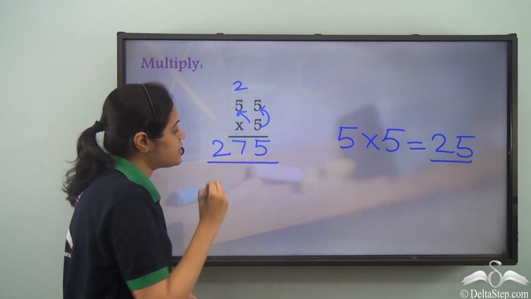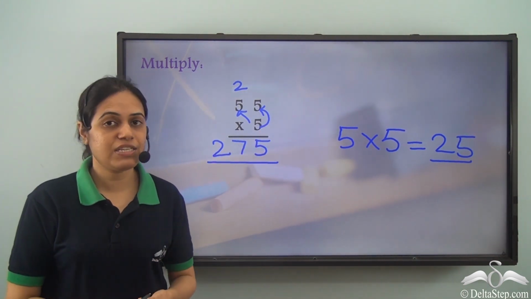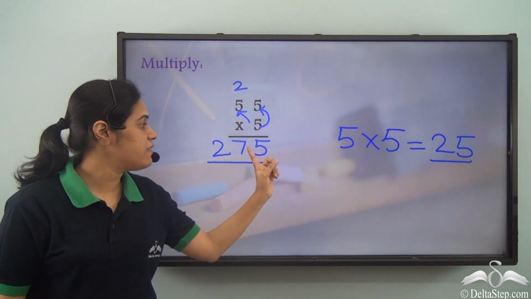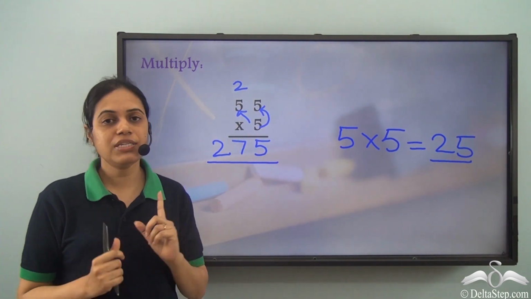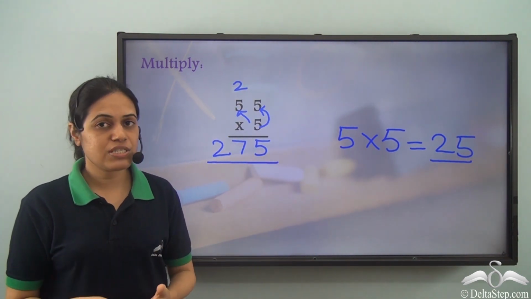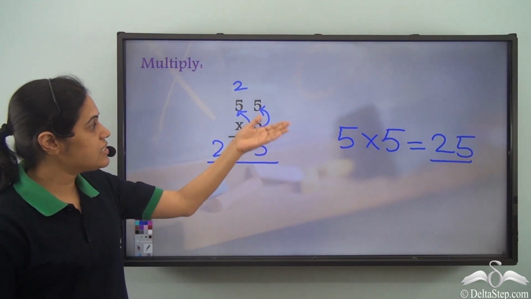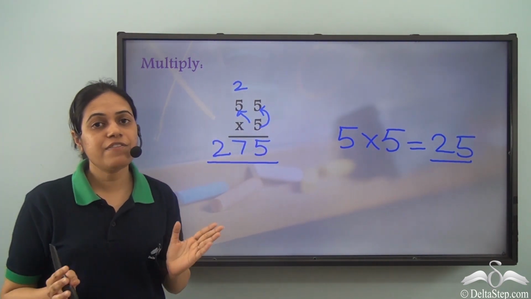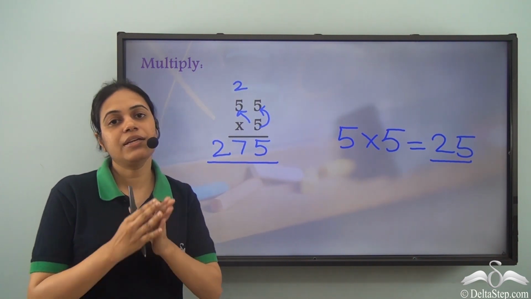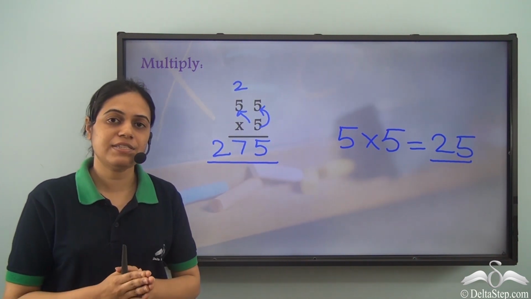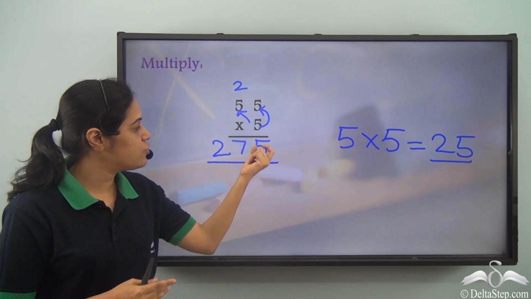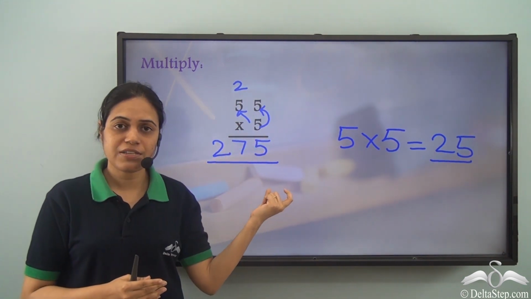So the answer is 275. So 55 into 5 is 275. So this is how you can multiply two numbers when there is carry or when we are grouping the digits or the places. So 55 into 5 is 275.